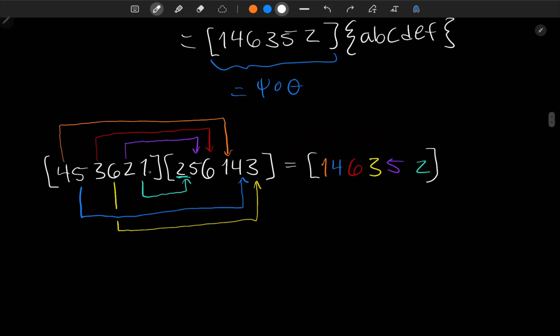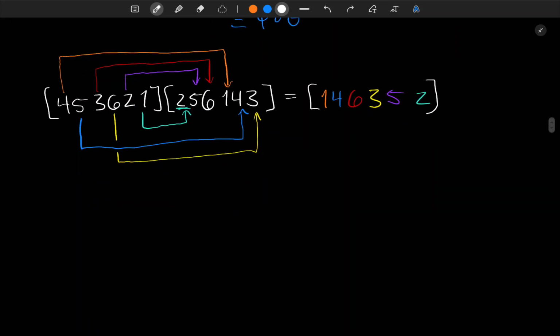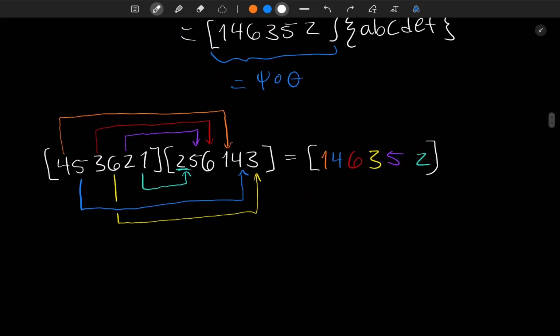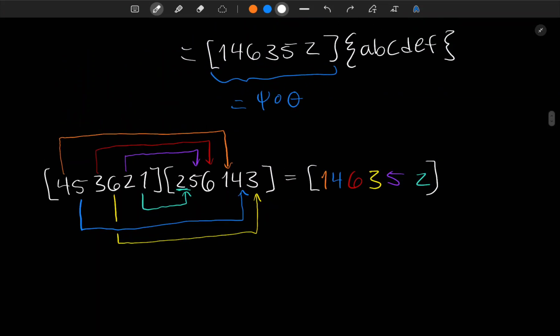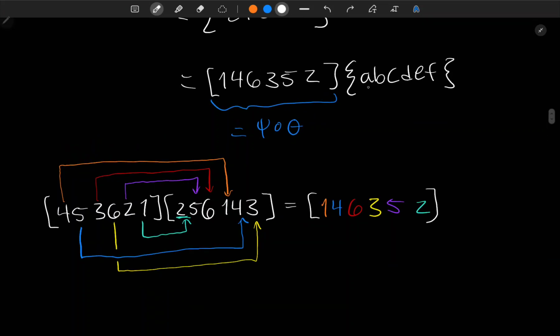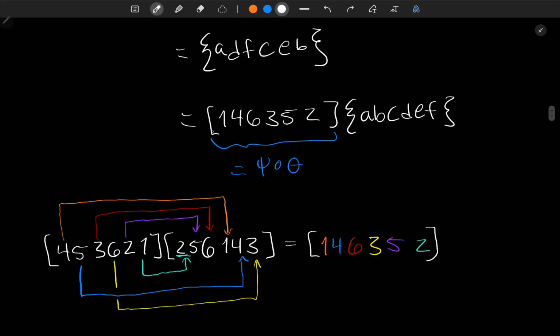So this is one way of multiplying two elements of the permutation group together. As you might notice, though, this is somewhat tedious, and you have to write out all of the terms. Even if one of them is kept in the same position, like here, A is kept in the same position, you have to write out 1 in the first position and write out all the other elements.